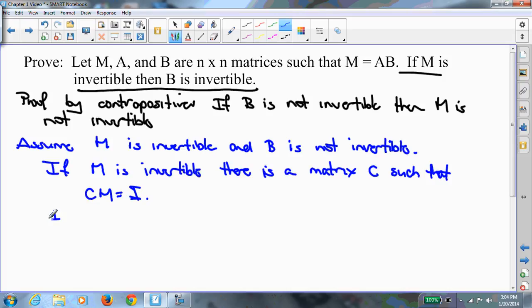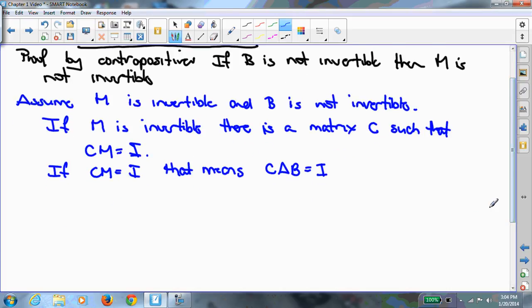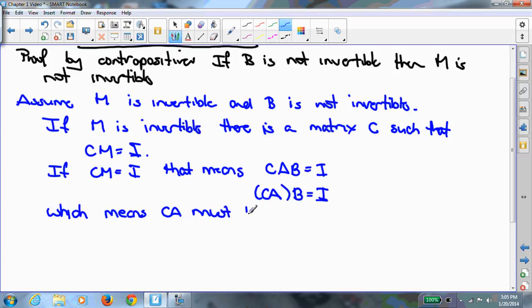So if CM equals I, that means CAB equals I. And that's just using substitution. But if I use the associative property, that means that CA times B equals I. Which means CA must be the inverse.